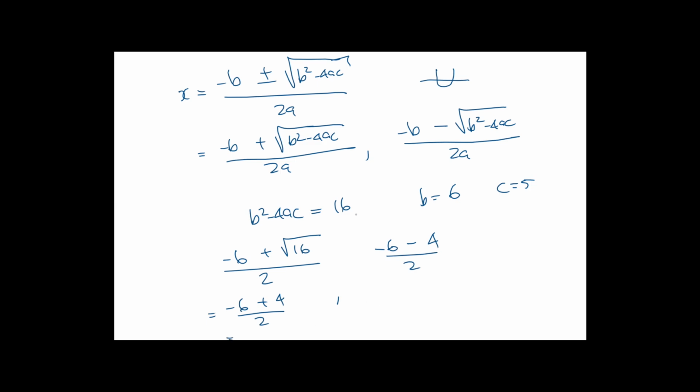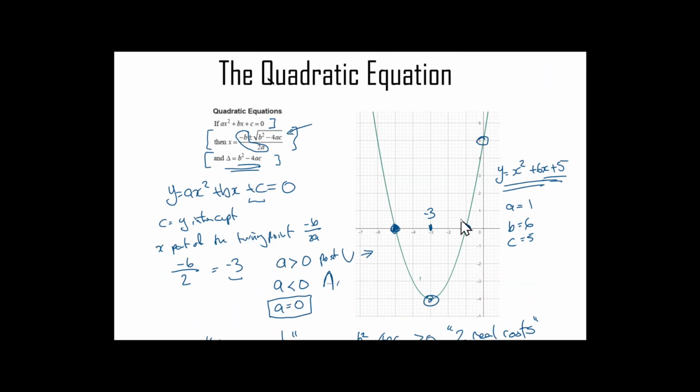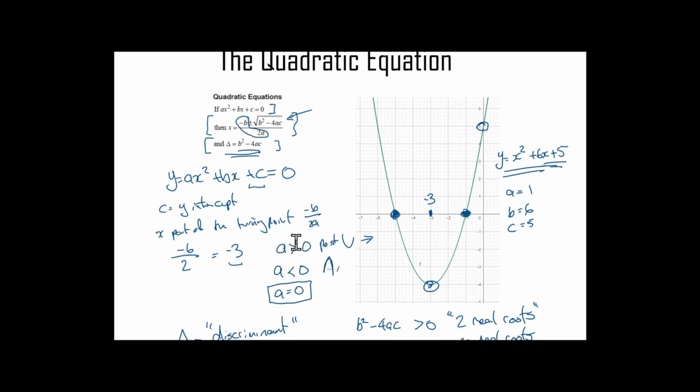This one is minus 6 plus 4 is minus 2, over 2 is minus 1. And this one is minus 6 minus 4 is minus 10, divided by 2 is minus 5. So in other words, it's going to cross the x-axis at -1 and -5. We already know that, really, because we can see it up here, -1 and -5.